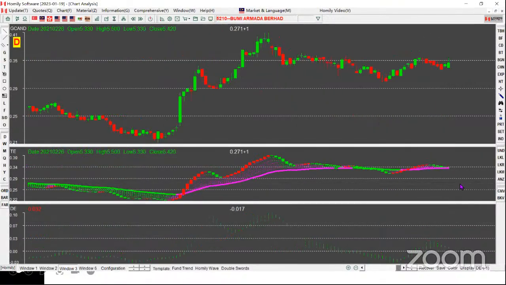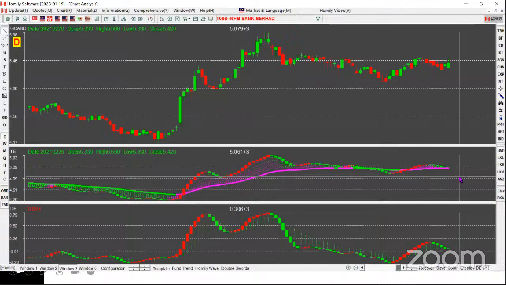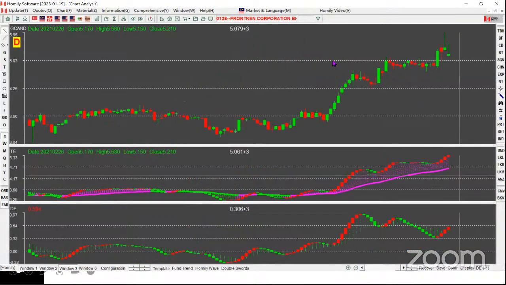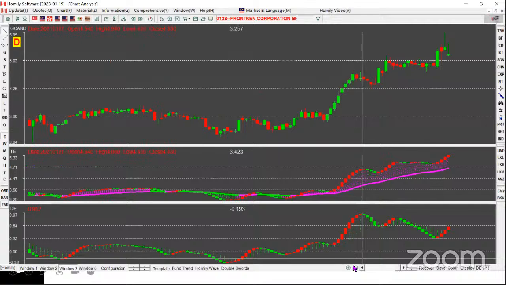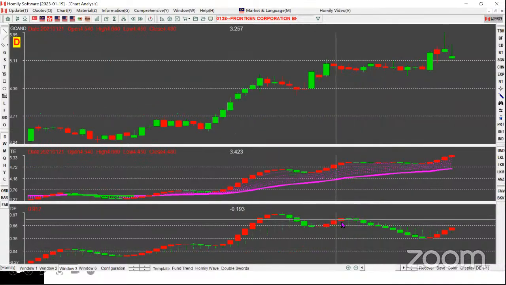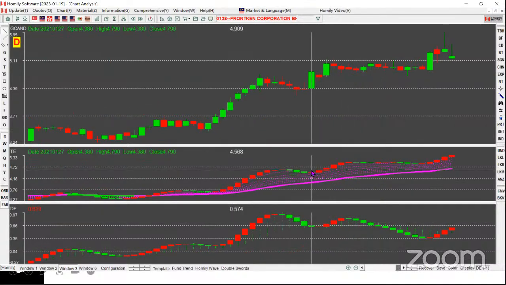Let's look at some other stocks, for example Franken. In this period the Trend Expert turns red, but the Deviation Expert is still green.